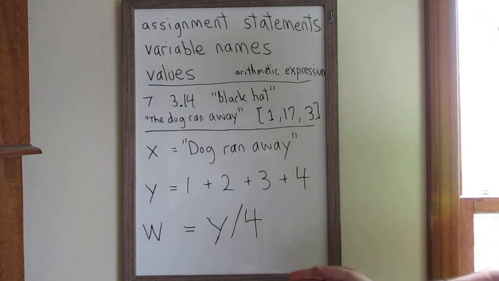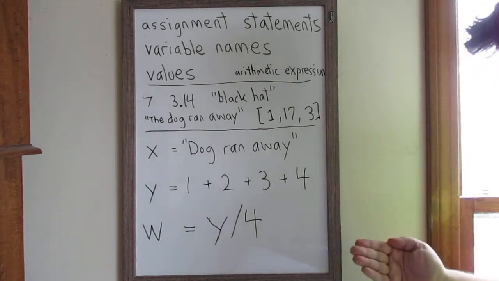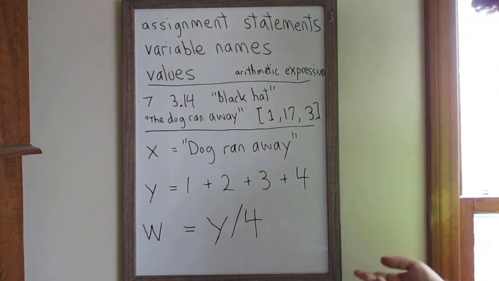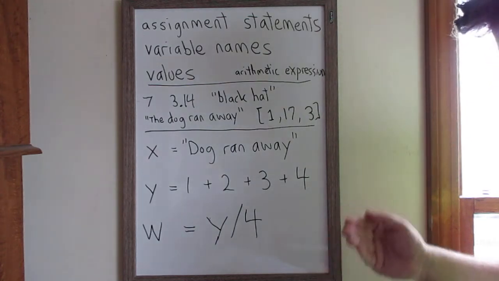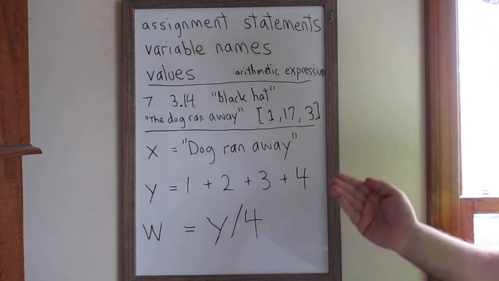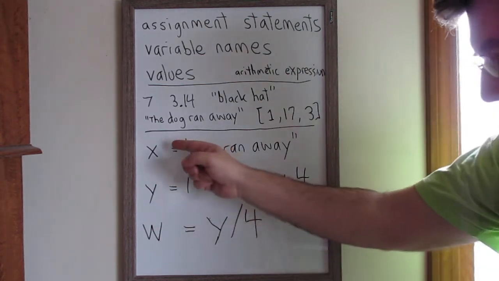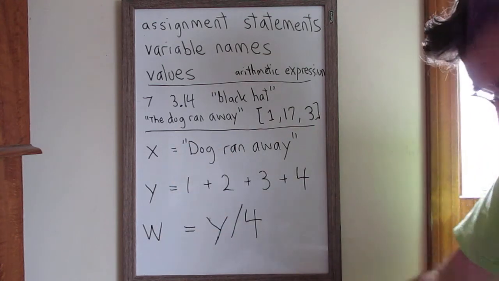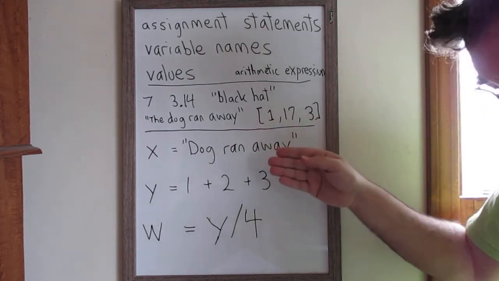So these are assignment statements, and with an assignment statement you attach a value such as a number, a string of text, or more complex data structure such as an array. You attach a value to a variable name, and that's what an assignment statement is used for. The variable name is on the left side of the assignment statement. The value is on the right side.